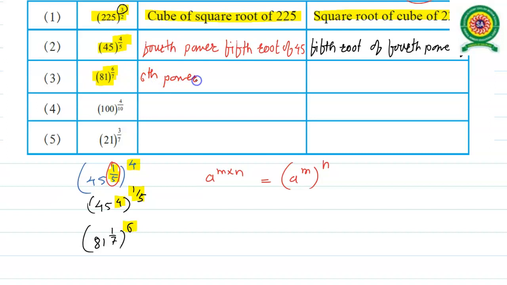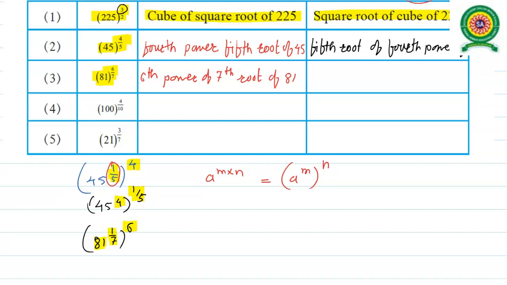Keep in mind, when the power is a rational number it becomes a root, so we have the sixth power of the seventh root of 81. So we write seventh root of 81 this way.